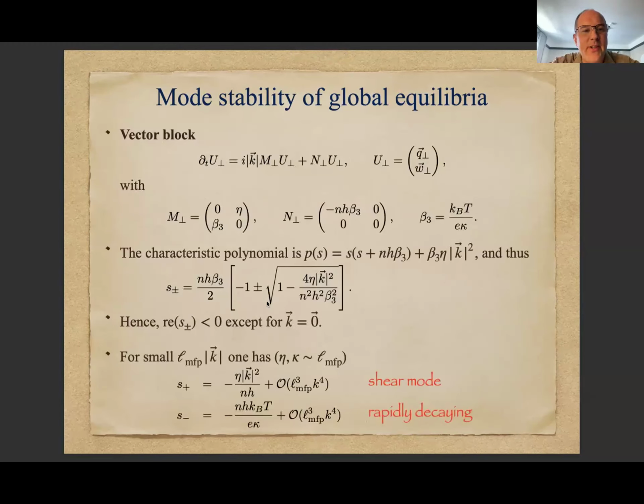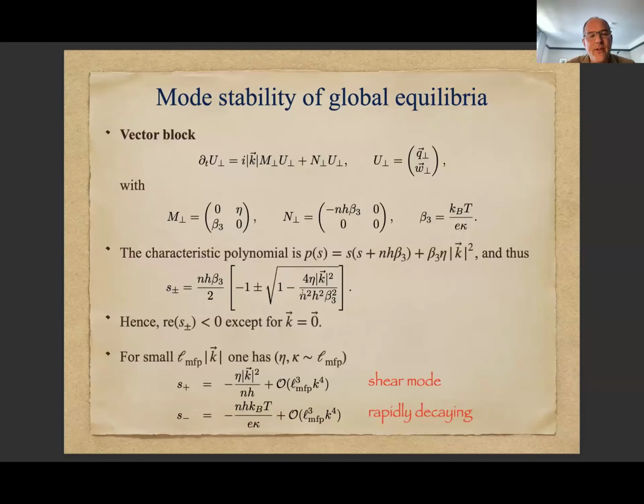So in the vector block, this is a 2x2 system, so here it's easy to compute the modes explicitly. And here's the expression for these frequencies, I mean for s. So it has this form, and then you see by inspection that this is satisfied.